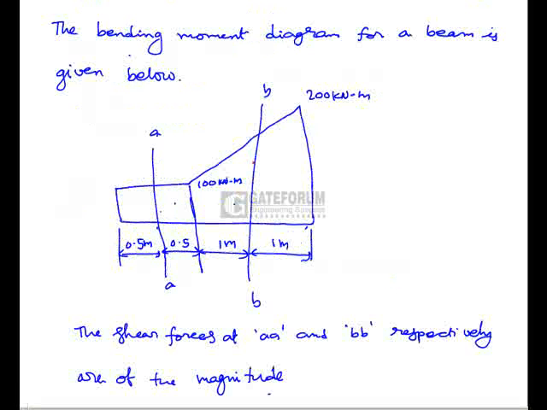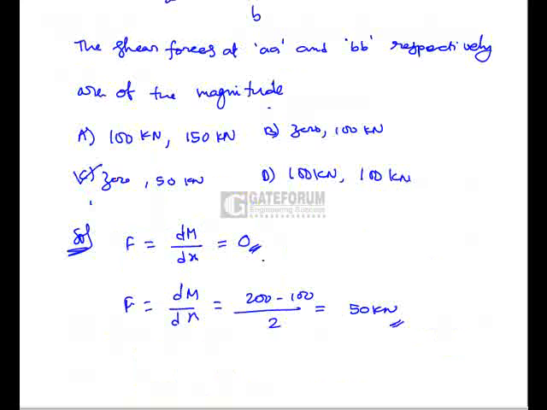Or we can get the bending moment at the section BB, since it varies linearly, as 150, and over the span of 1 meter we can calculate the shear force as 150 minus 100 by 1. So it also gives 50 kilonewton. So the right option is 0 and 50 kilonewton, and the right option is C. C is the right answer.